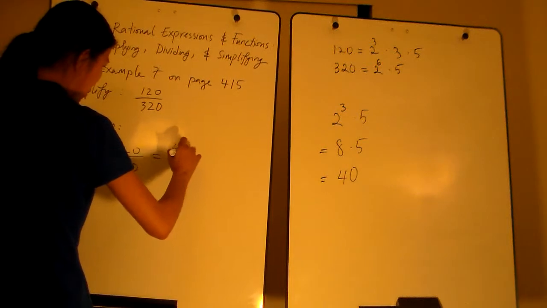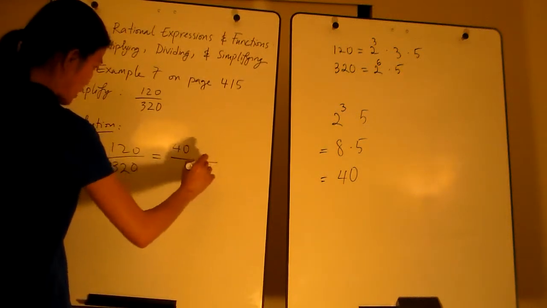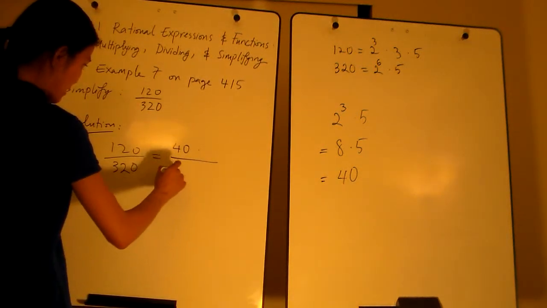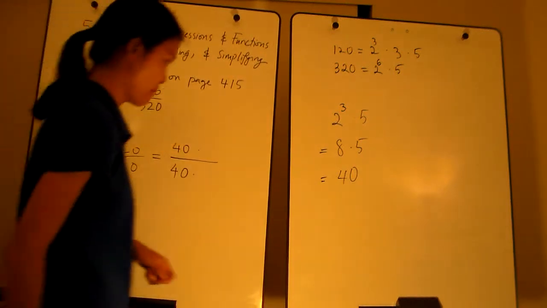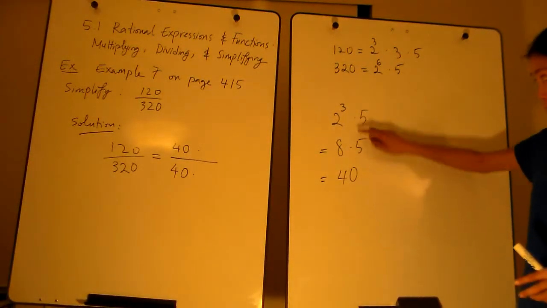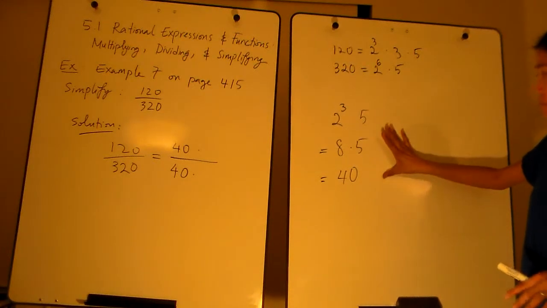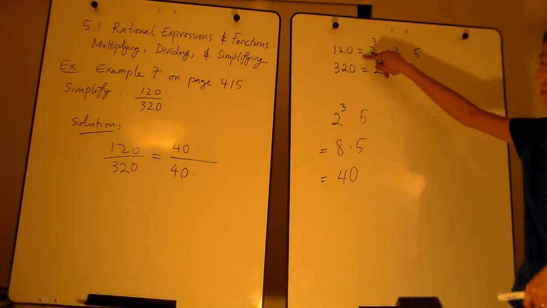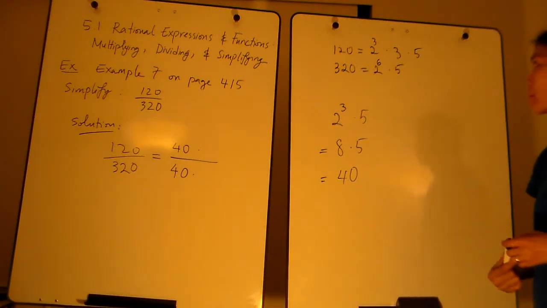I will factor out 40 for the numerator, and I also factor out 40 for the denominator, because 2 to the third times 5 is a common factor to both 120 and 320.